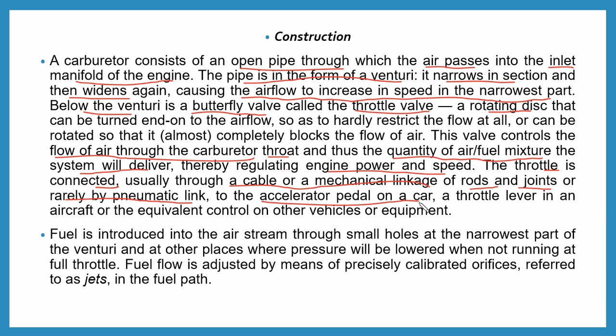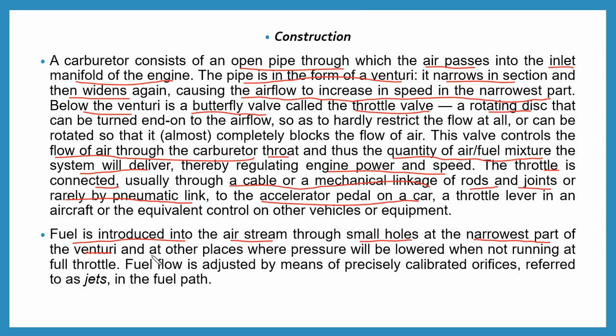The fuel is introduced into the air stream through small holes at the narrowest part of the venturi, and at other places where the pressure is lower, when not running at full throttle.